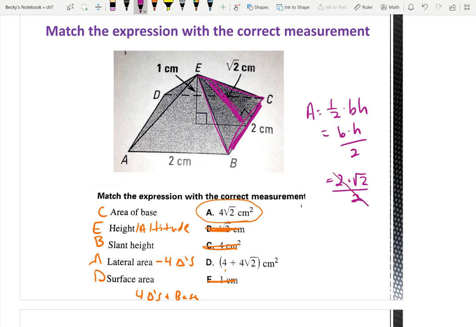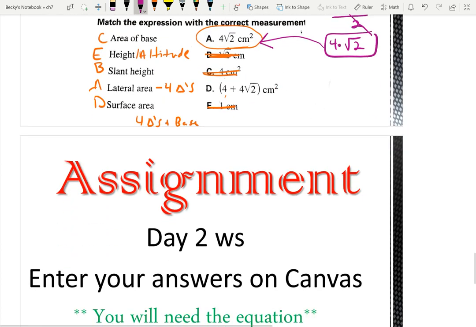Well, the 2's cancel out, so it's √2, and that is just one of the faces. So if there are 4 triangles here, you're going to times that by 4, and that's how they get 4√2. All right, and that is it.